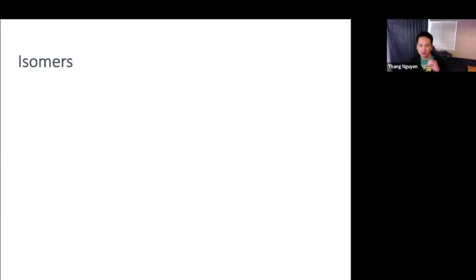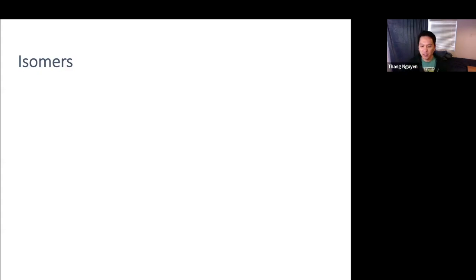Okay, so now that we have knowledge of all of these longer chains of alkanes, let's talk about a concept known as isomers. Remember the root word iso? When we talk about isotopes, it's very similar. Iso means same, like an isosceles triangle has at least 2 sides that are the same length.